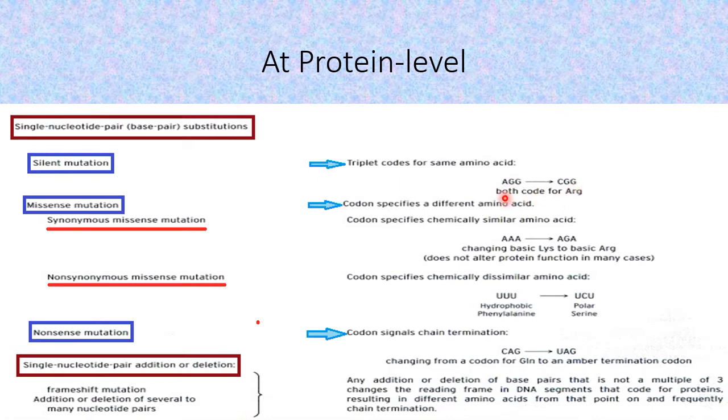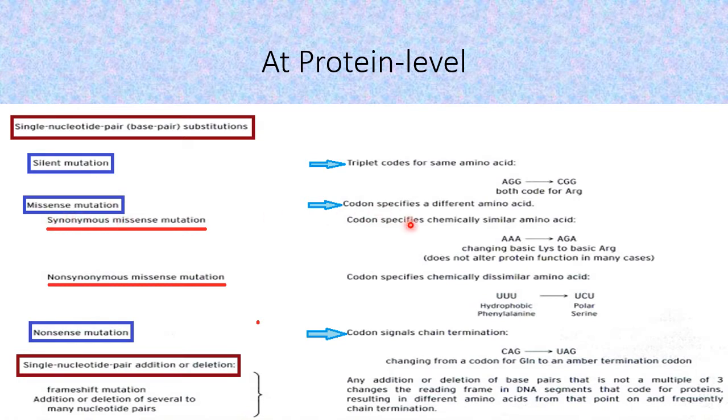So if here A is replaced by C, there's no change in the protein that results, because even the mutated triplet codes for the same amino acid. Such types of mutations are known as the silent mutations, or they may be missense mutation.